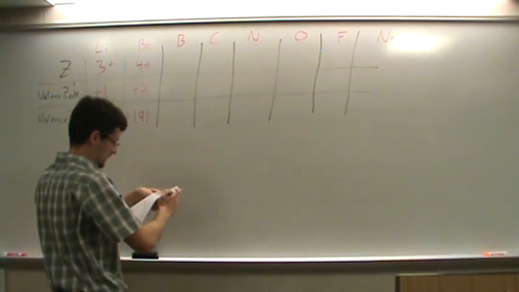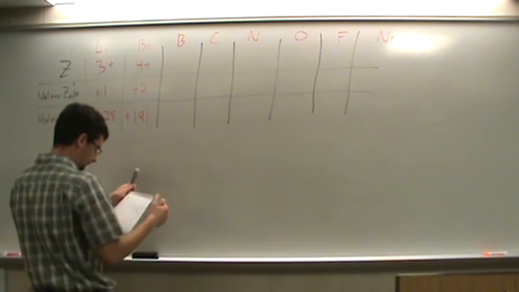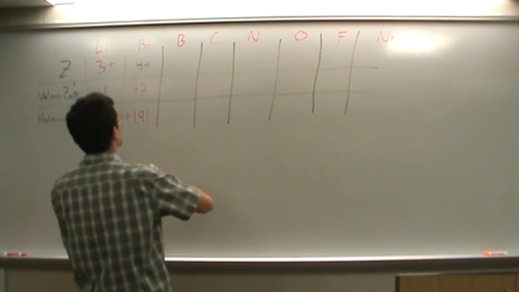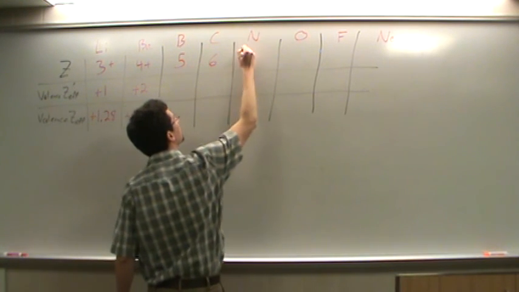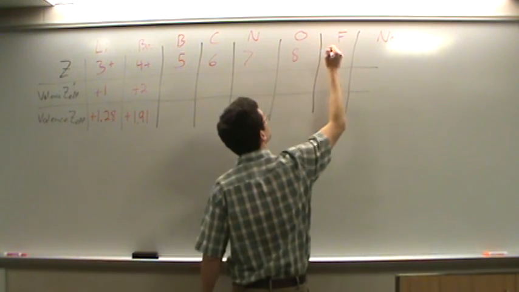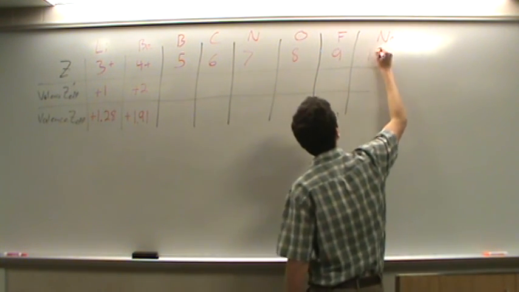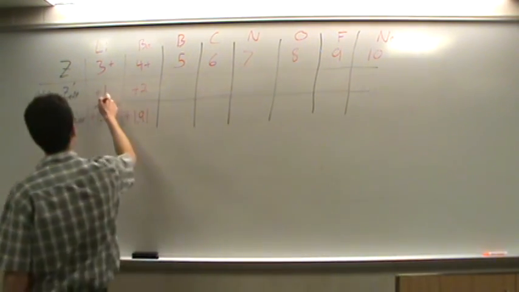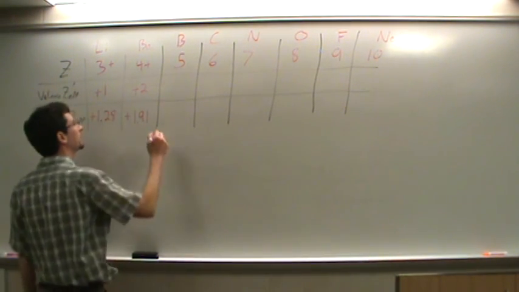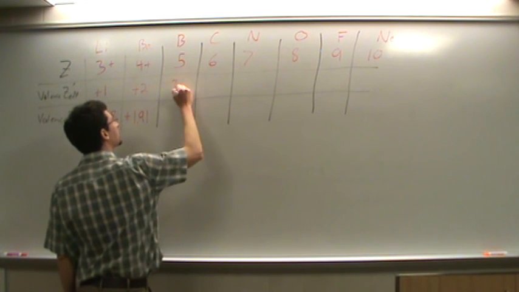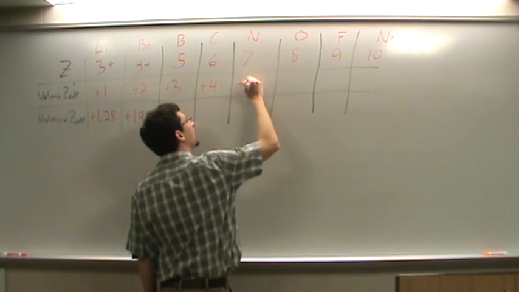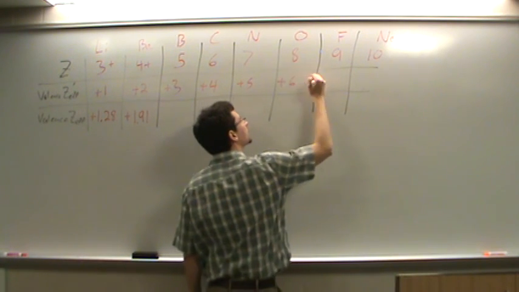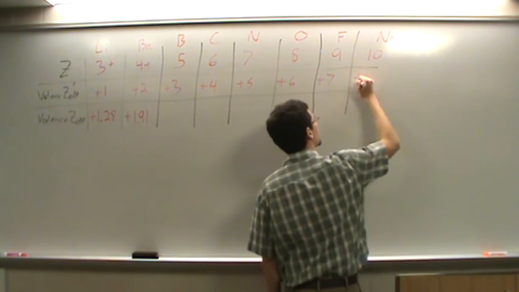And then we're just going to increase by 1 for each one of these: 5, 6, 7, 8, 9, 10. The approximate Z effective values are just going to be 2 less. So we get +3, +4, +5, +6, +7, +8.